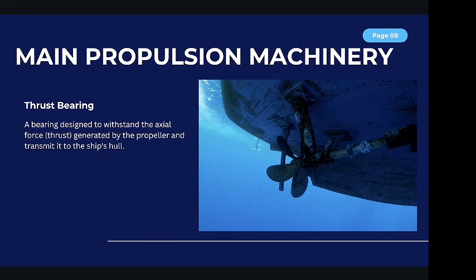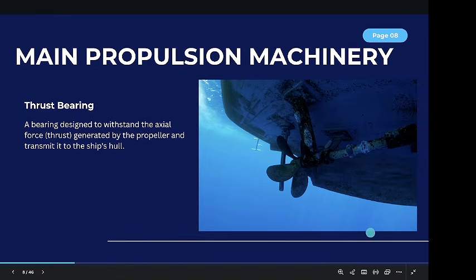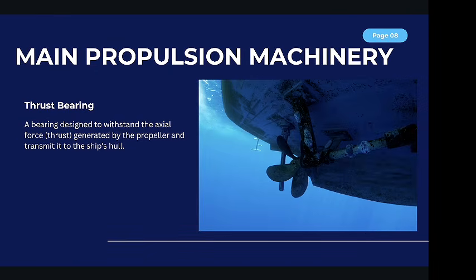So next that we have here is what we call the thrust bearing. The thrust bearing is designed to withstand the axial force, or the thrust, generated by the propeller and transmit it to the ship's hull. It allows the vessel to move forward.